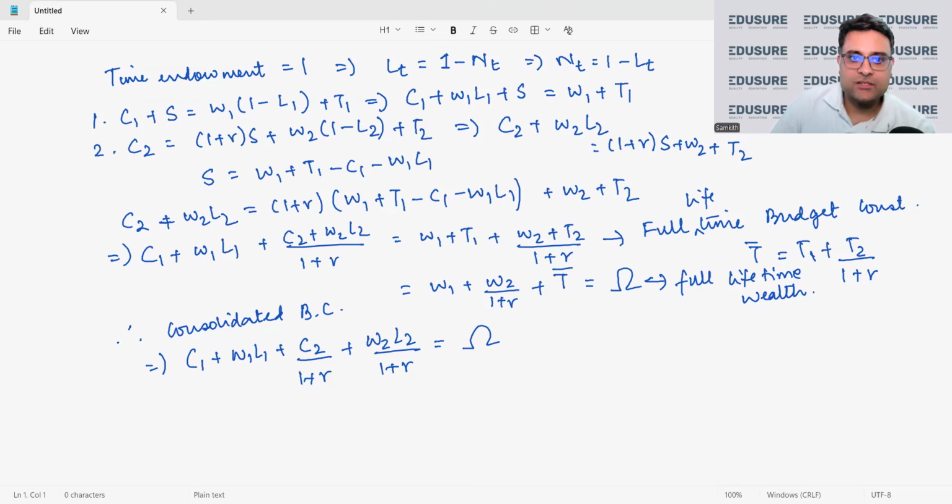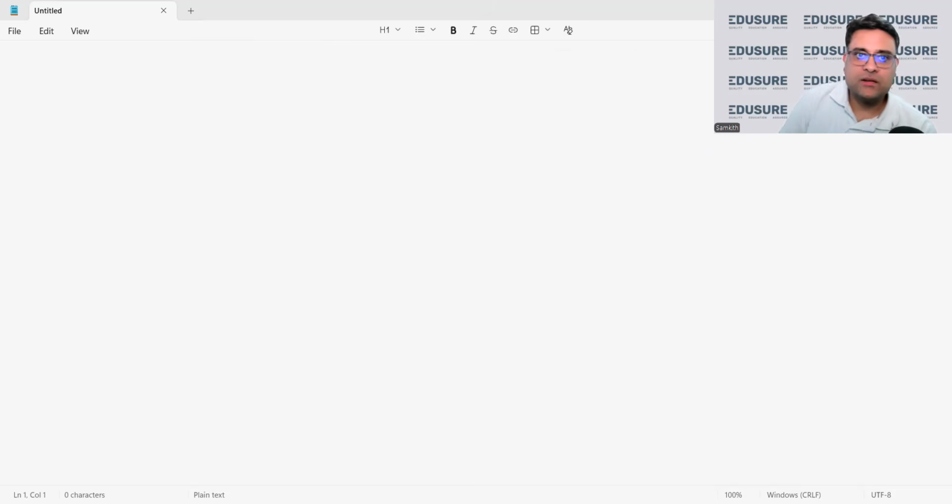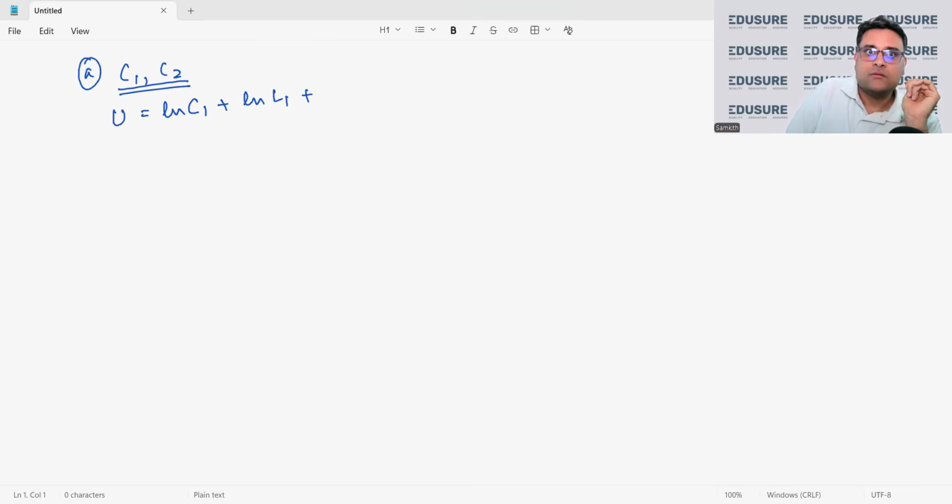Let's now move to part A. Part A is solve for the household optimal consumption allocation. We have to find the values of C1 and C2. Now, why did I do this? It will make things very easy. The utility is ln C1 plus ln L1 plus beta ln C2 plus beta ln L2.